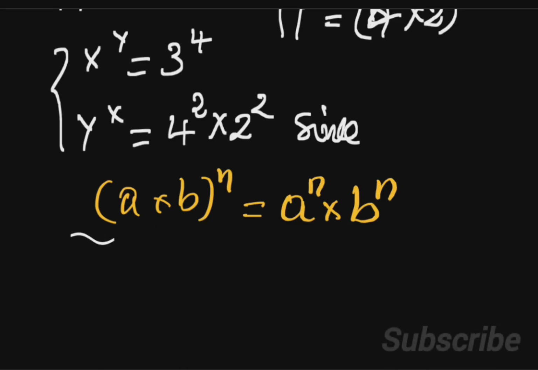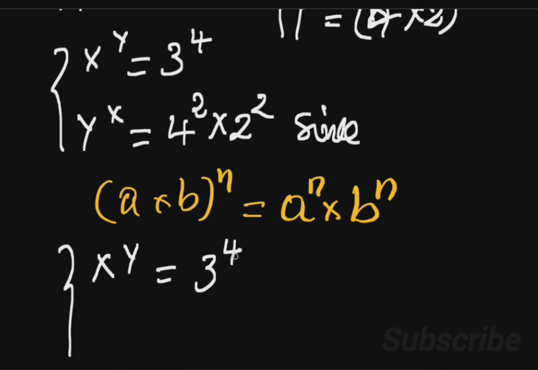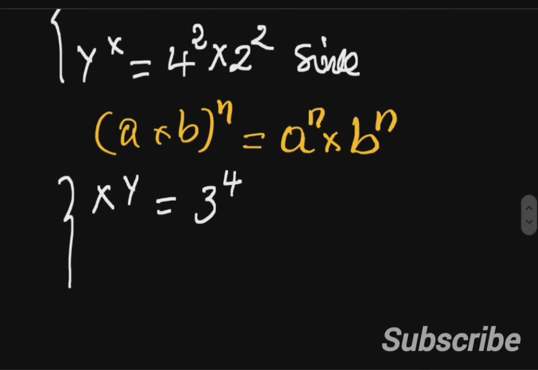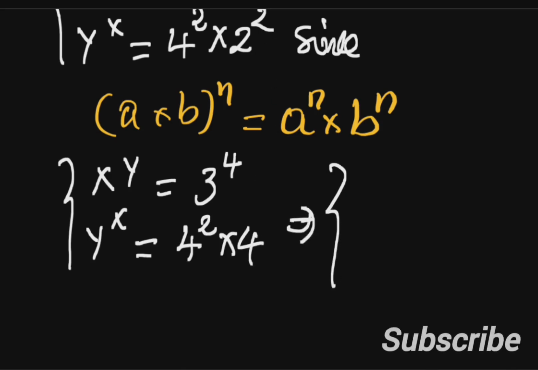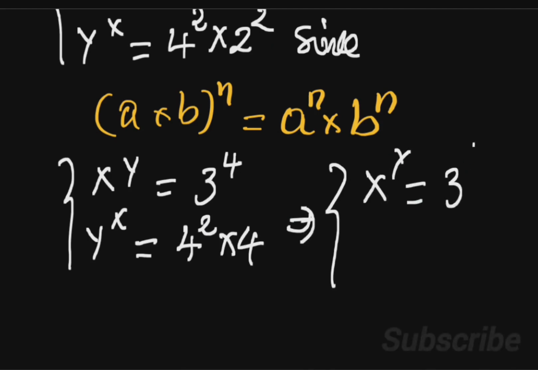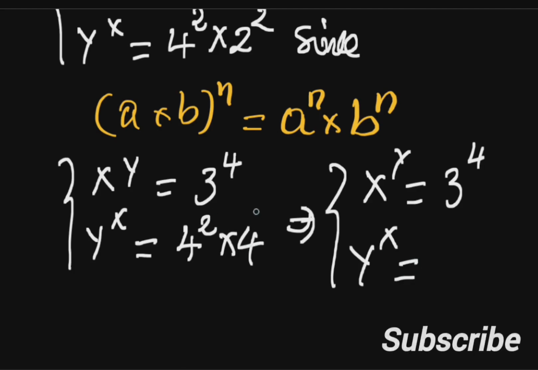Okay, we'll continue. So x to the power of y will be equal to 3 to the power 4, and y to the power of x will be equal to 4 squared times 2 squared, which is equal to 4. This means that x to the power of y is equal to 3 to the power 4, and y to the power of x is equal to 4 squared times 4 to the power 1.